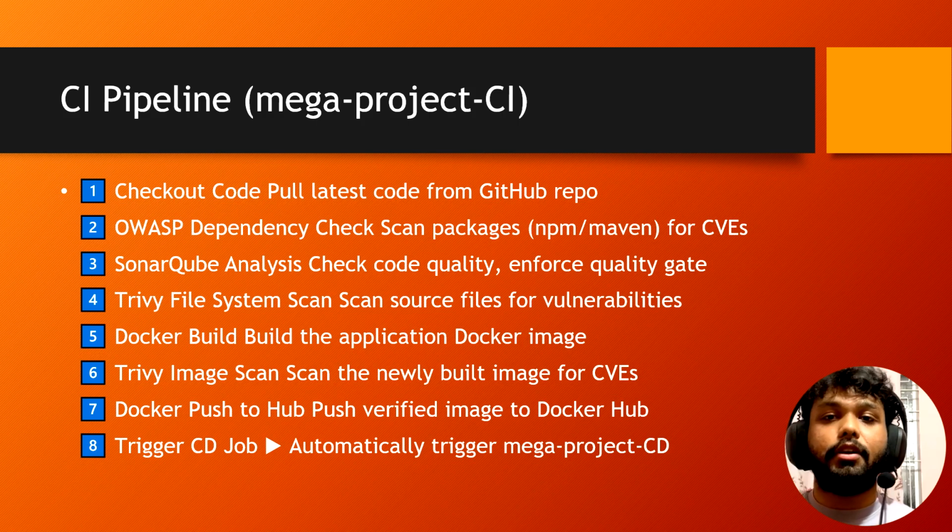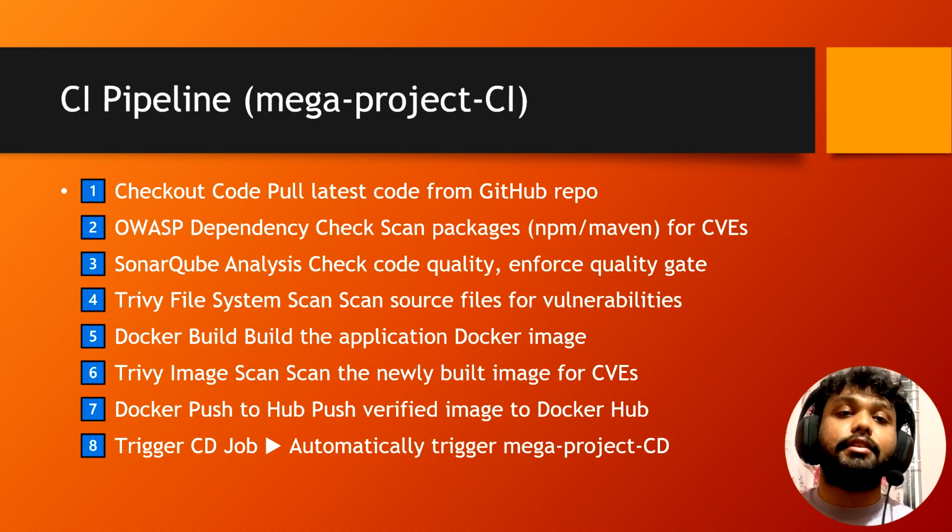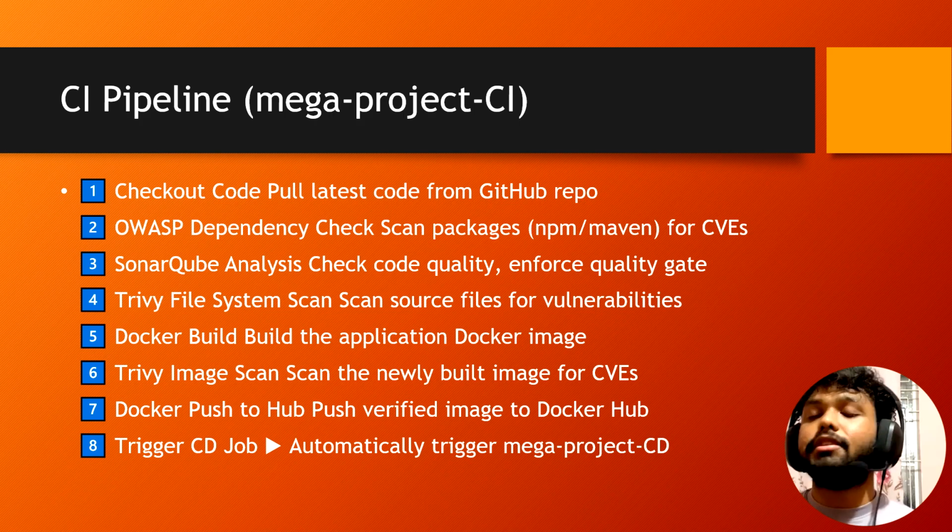Now, after everything is done, let's focus on creating jobs, which is the CI pipeline in Jenkins. Since I have installed the plugins and tools for DevOps, SonarQube, Trivy, Docker, and GitHub on Jenkins, let us see how the flow will work.